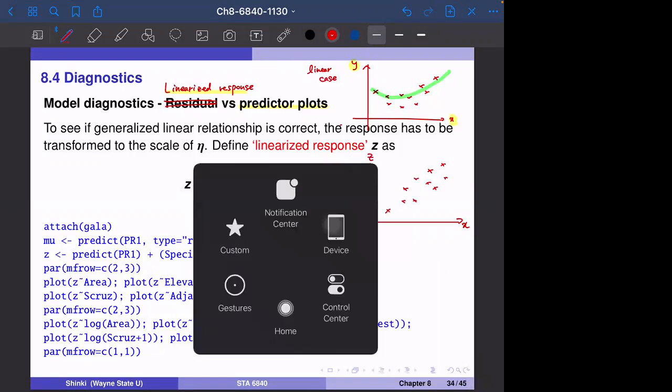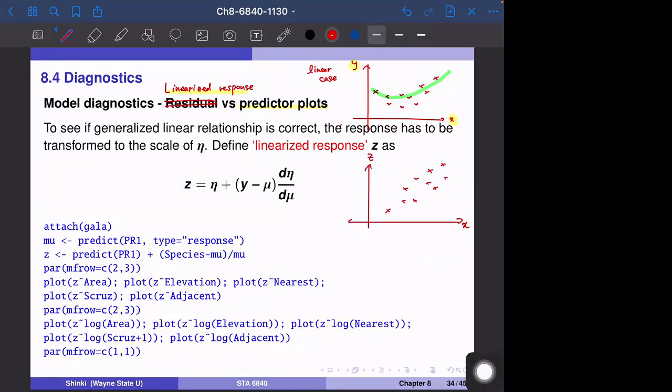If we can find such a variable z, then we can see whether the generalized linear model assumption is appropriate. Originally we have y, but y is a highly transformed variable.